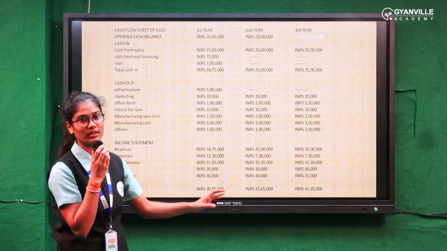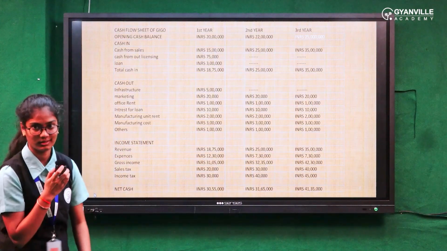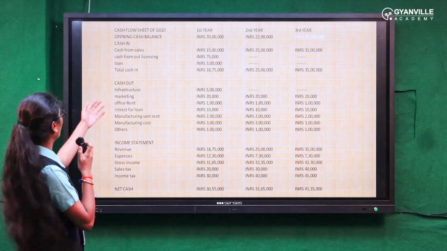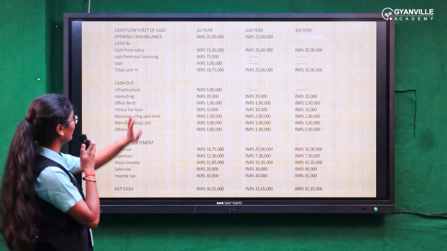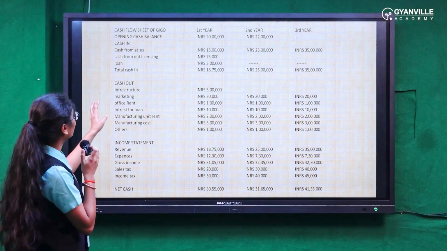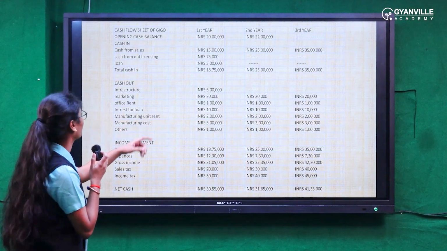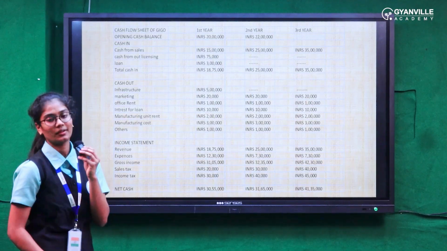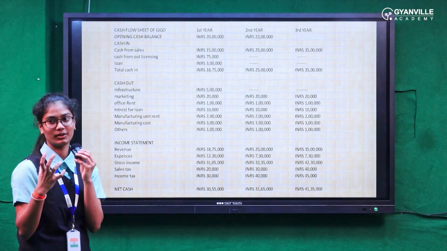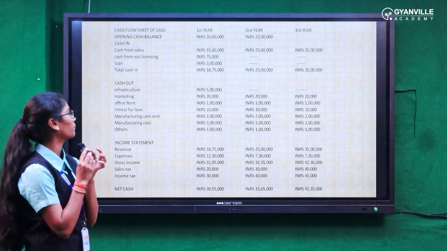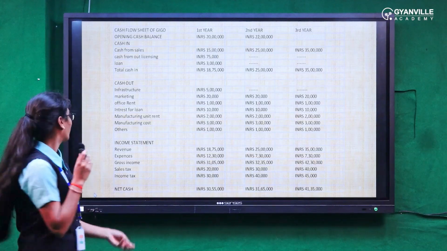My fellow mates have already explained the idea and its purpose, and I am here to explain the cash flow of our idea. We have an opening cash balance of 20 lakhs for the first year, and cash from sales is 15 lakhs. We have chosen a loan of 3 lakhs because we are able to afford it and pay it back later.